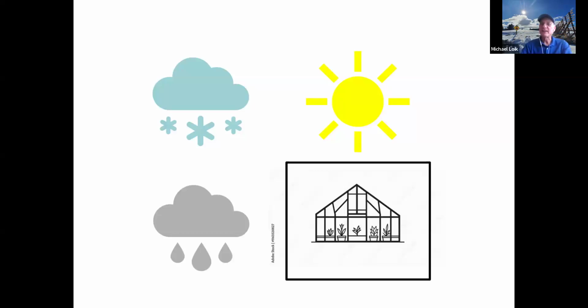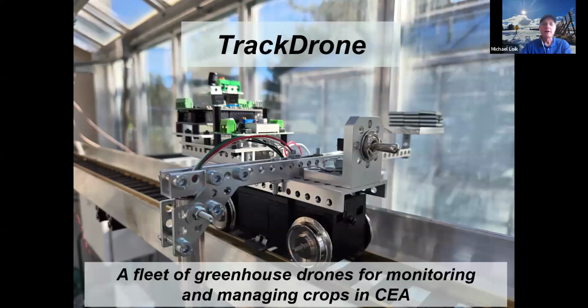Okay, so now we're down to the most recent work of these projects, which is in controlled environment agriculture. And I'll tell you about one part of the work that we're doing in this realm today, which is a fleet of greenhouse drones for monitoring and managing crops that we call Track Drone.